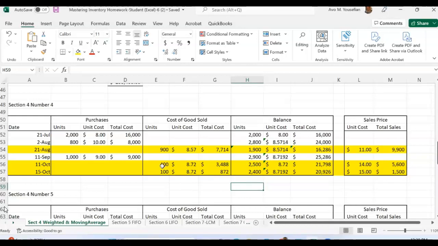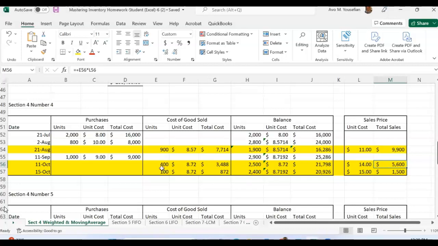All of a sudden, we sold something. If you sell 400 units at $14, that gives you $5,600 sales price. So sales is 400 times 14, and that's your sales, $5,600.